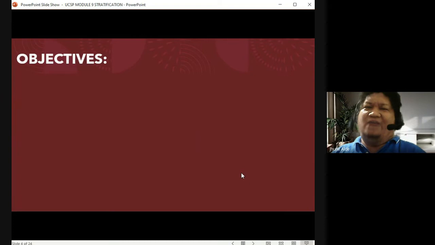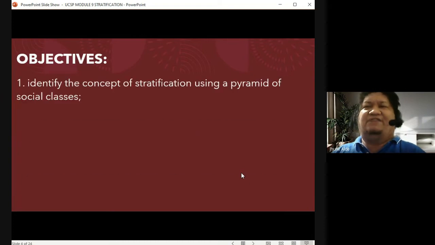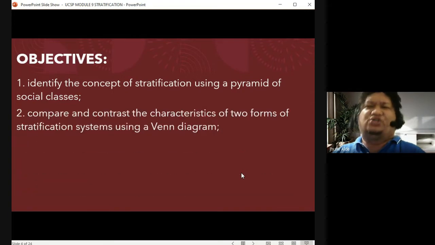And the following are the objectives. Number one, identify the concept of stratification using a pyramid of the social classes. Two, compare the characteristics of two forms of stratification systems using a Venn diagram.